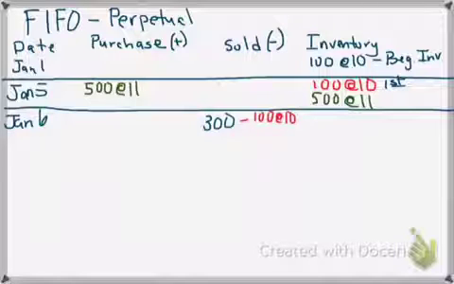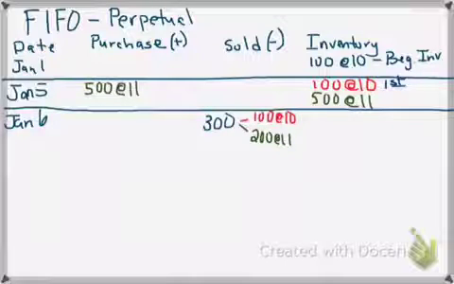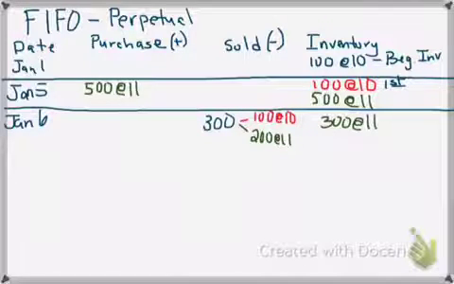And then what do we still have left? Well, we still need to sell 200 units, right? So we will be doing 200 at 11. So what that leaves us in inventory: we had 100 units, we sold 100 units, so they're gone. We had 500 at 11, we sold 200, so that's going to leave us with 300 at 11.